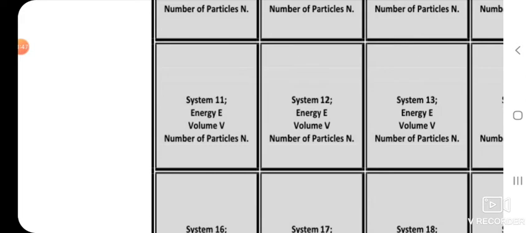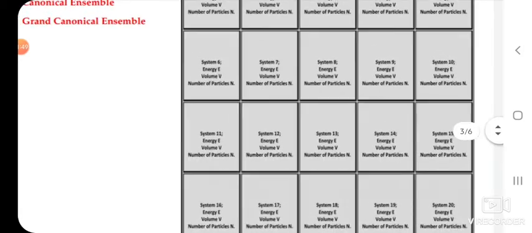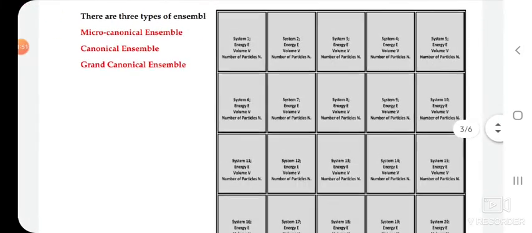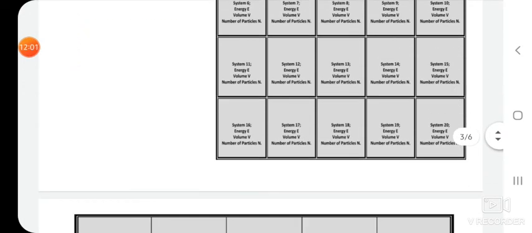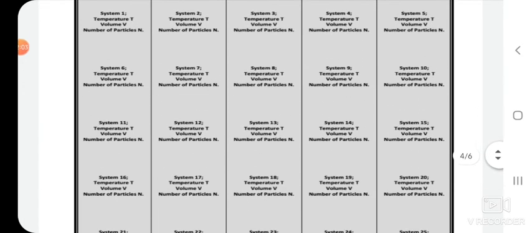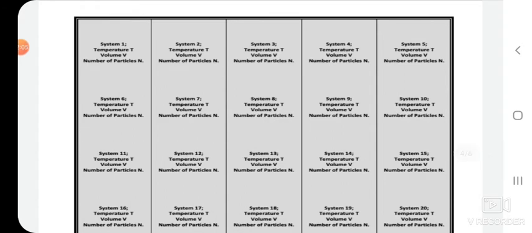The ensemble is shown in this figure. That kind of ensemble is called a microcanonical ensemble.